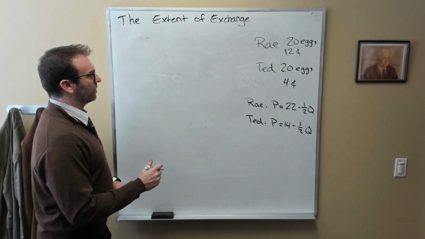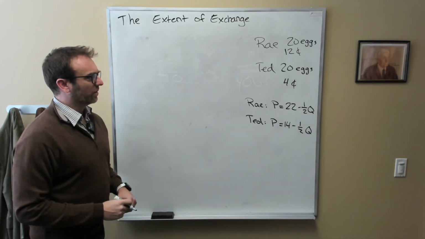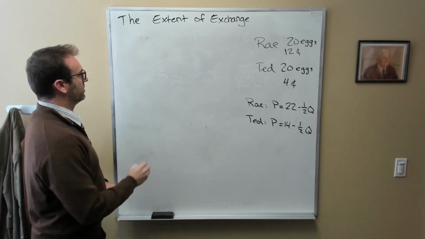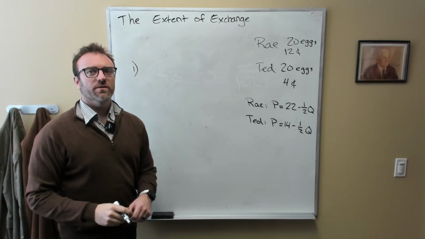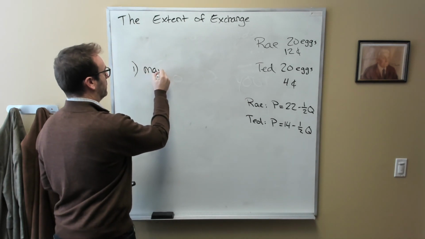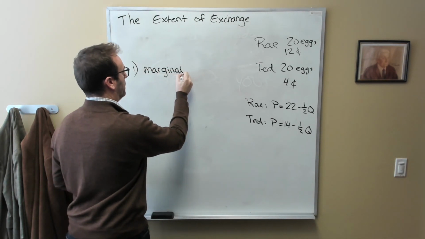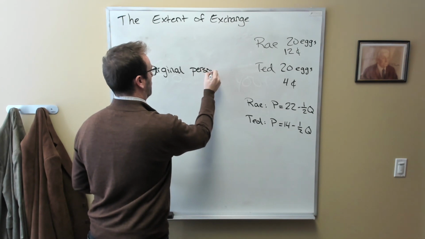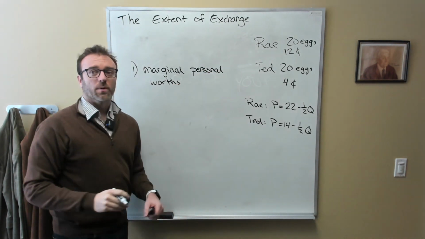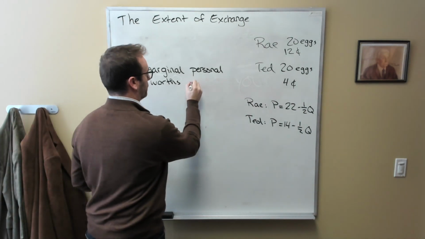So to figure out how many eggs are going to be sold and what their price will be, we're going to look for two things. First, we're going to try to find a point where the marginal personal worths for both Ray and Ted are equal.